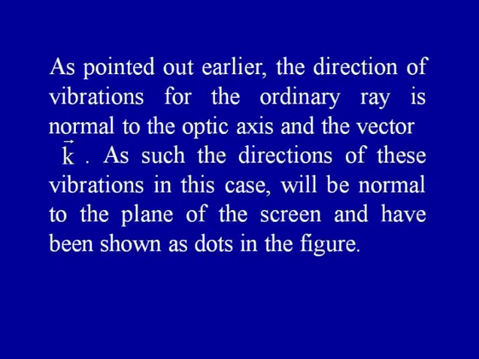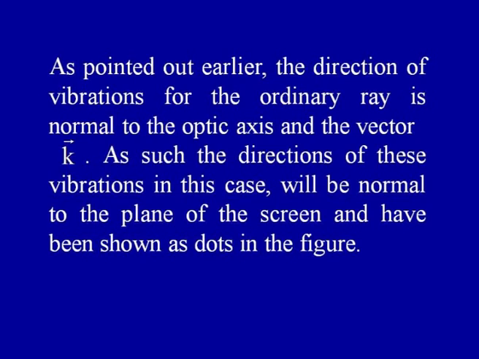This means that along the optic axis, θ equal to 0, n(θ) is equal to n_o, that is for the ordinary, and perpendicular to the optic axis, θ equal to π/2, n(θ) is equal to n_e.